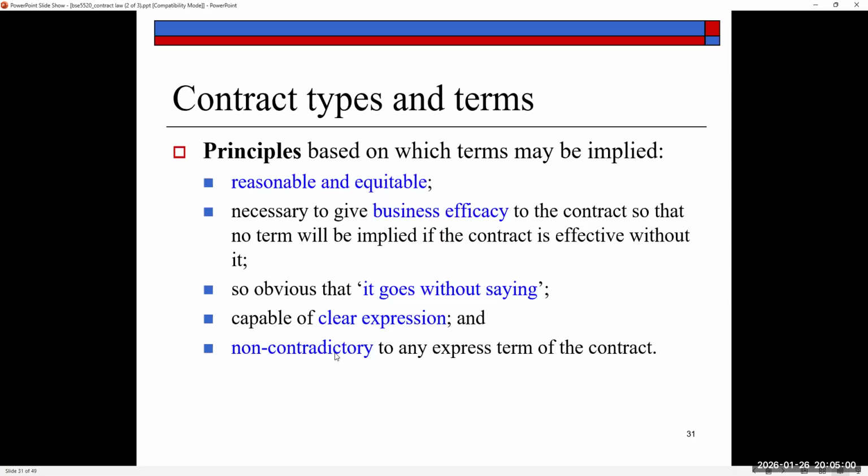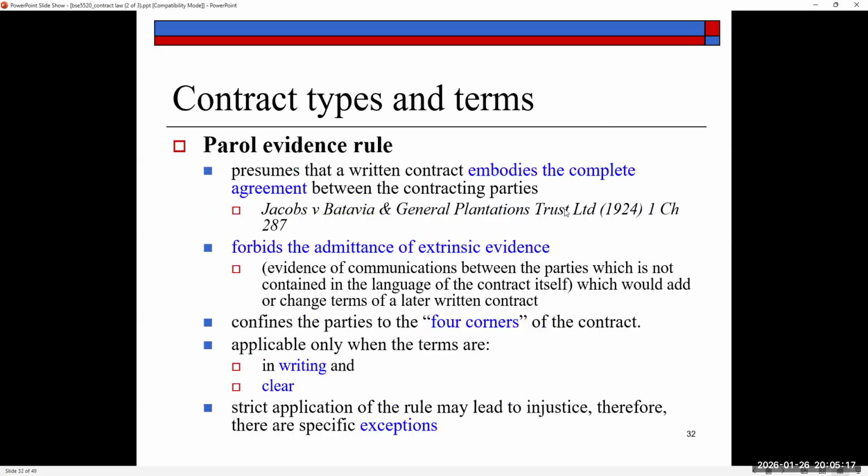Because what? That is contradictory to the express term. Understand? Okay. Now, these are some principles that need to be complied with before such terms could be implied. Okay.